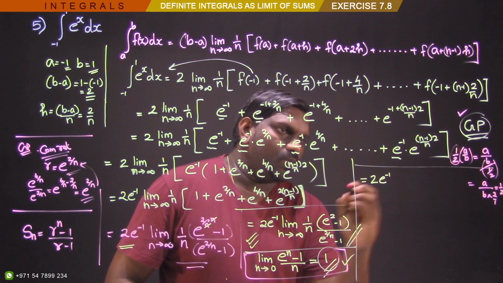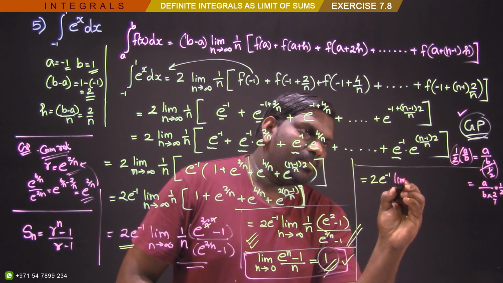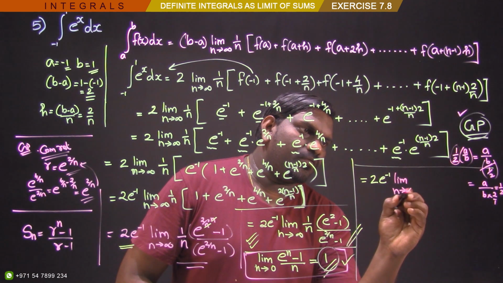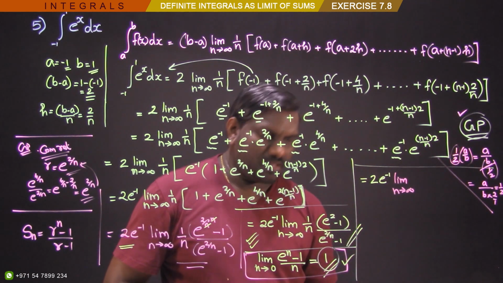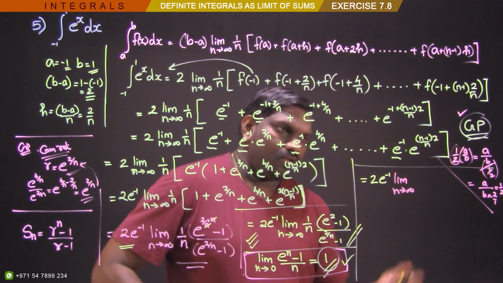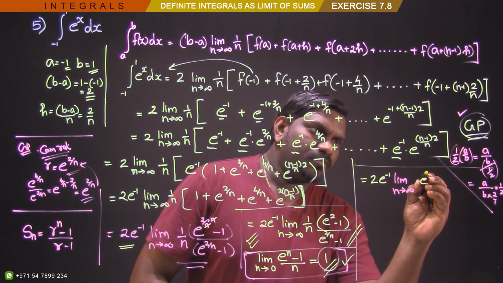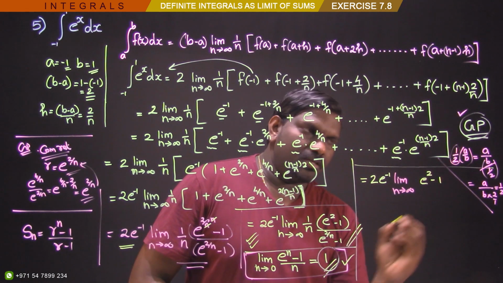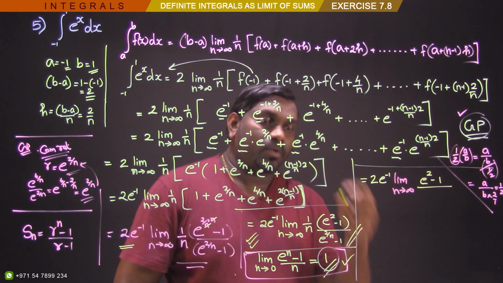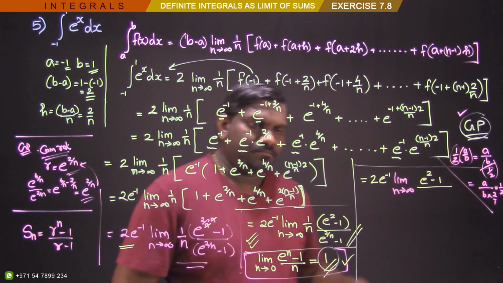So in that case, what I am going to write here is limit n tending to infinity, dear. Get this logic, dear. That is very important. Then if I have to write 1 by n, it is e raised to this by e raised to e square minus 1 by this one.